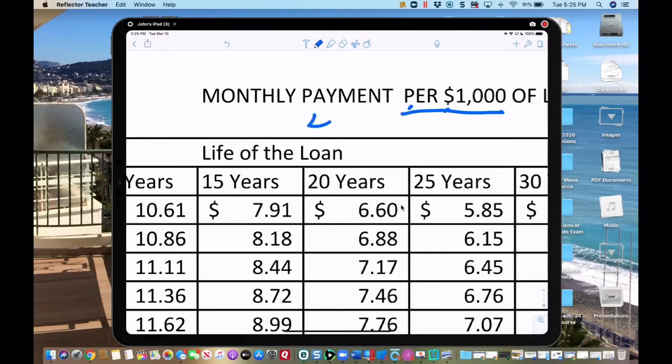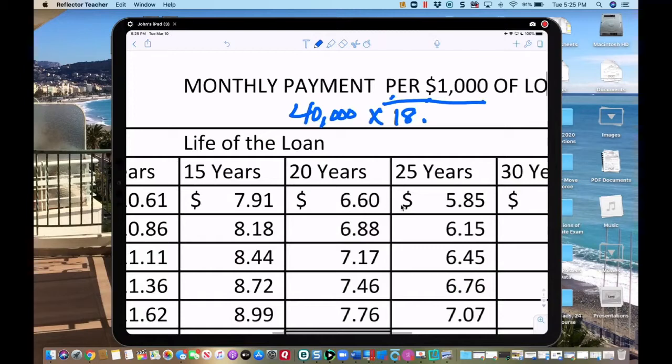So if it was a $40,000 loan, you would take 40,000 times 18.88 equals $755,200.